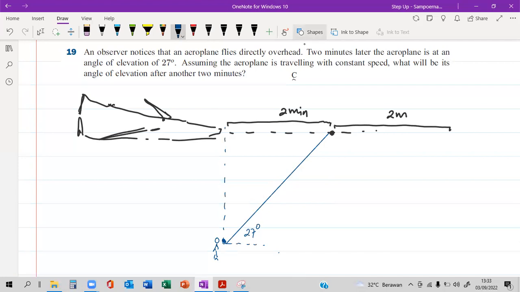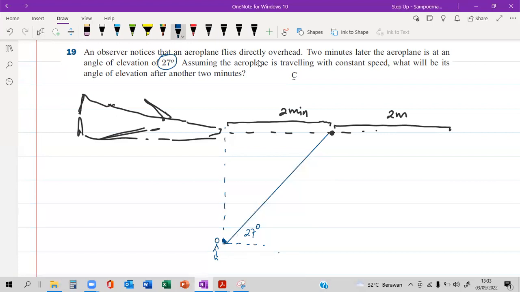Sir, why are there two minutes? The first 2 minutes cause us to have the angle of elevation 27 degrees, which is this one.